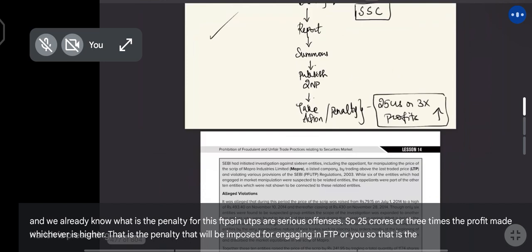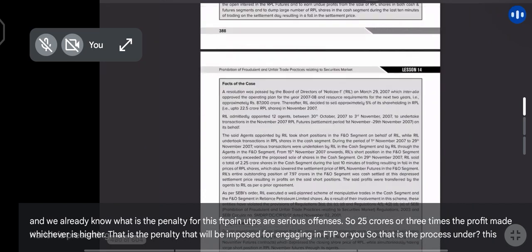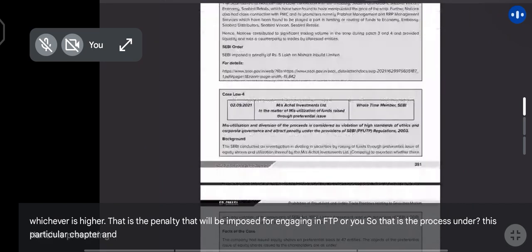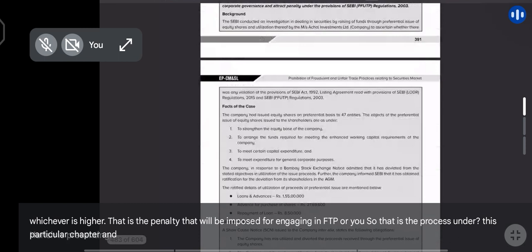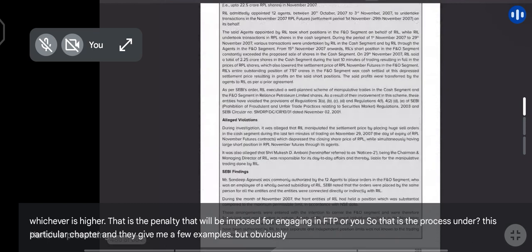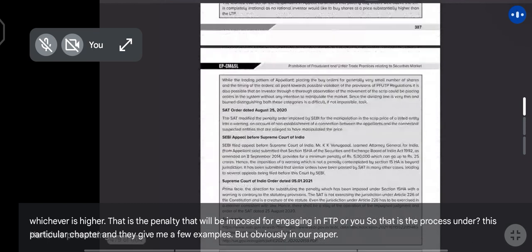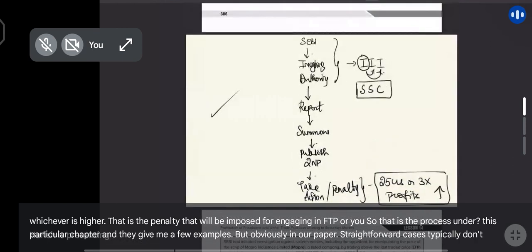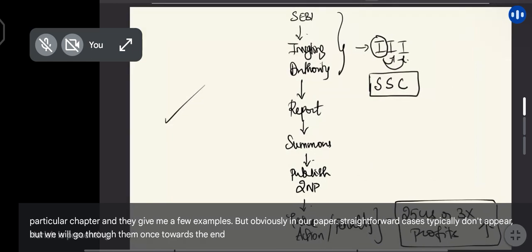That is the purpose under this particular chapter, and they've given you a few examples here, but obviously in our paper, straightforward cases typically don't appear, but we will go through them once towards the end of the syllabus.